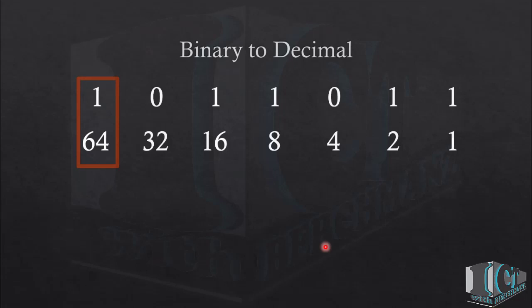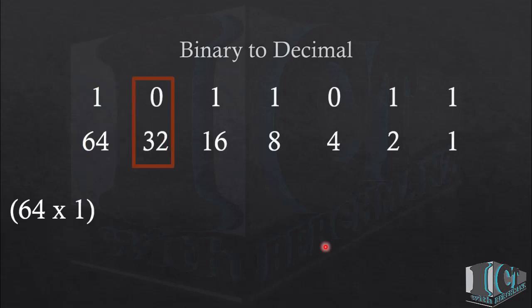I'm going to multiply 64 into 1, and write that down there. The next value that we have to consider is 0 into 32. We know that anything into 0 will give you the value 0. So whenever the binary number is 0, we will not consider that number. Then we'll move on to the next one.